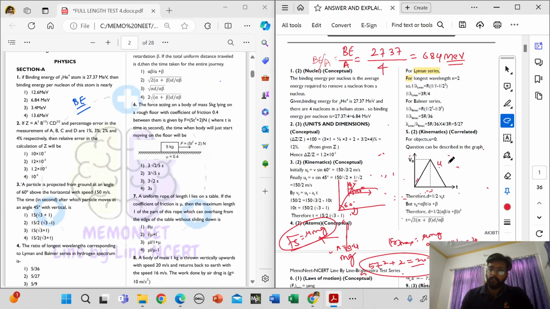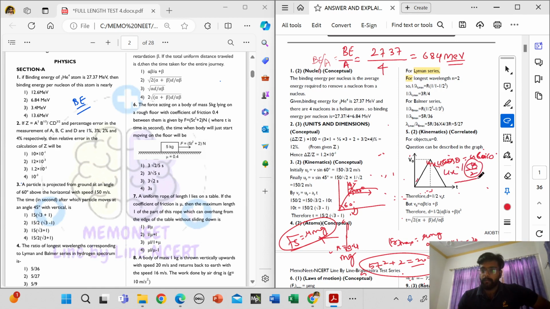So we will calculate the horizontal and vertical components. First of all, u cos theta, that is ux, that will be equal to, we have been given the value of theta, that is 60 degree. So u cos 60, the value of cos 60 is 1 by 2, so u by 2, u is given as 150.